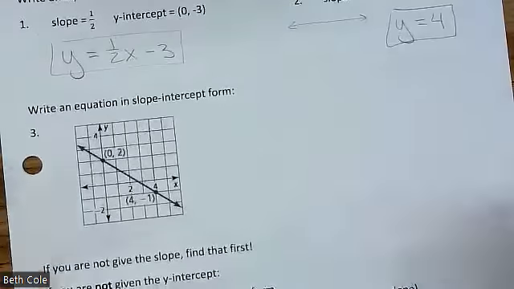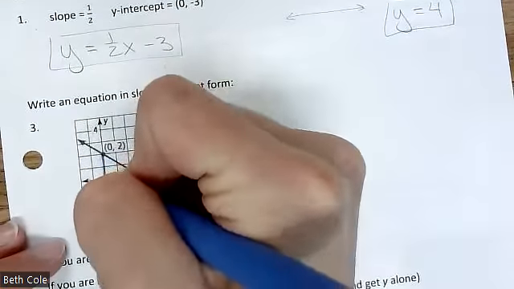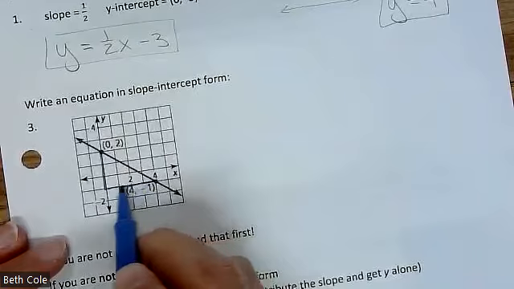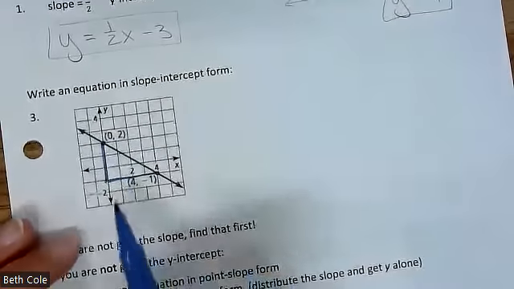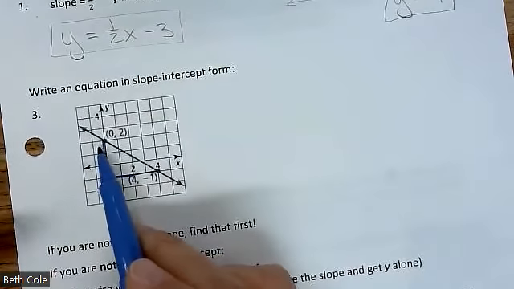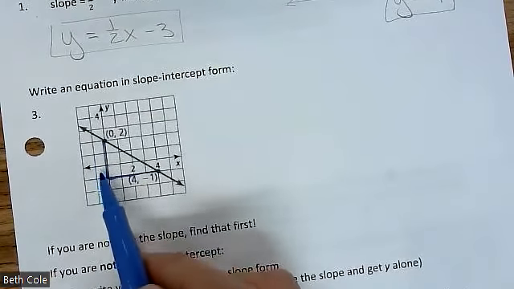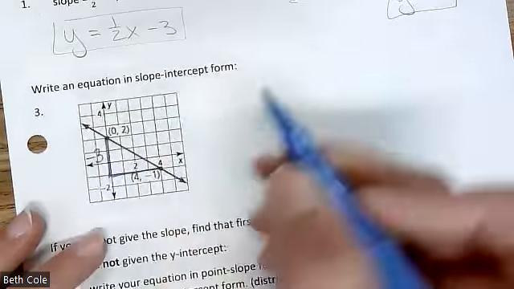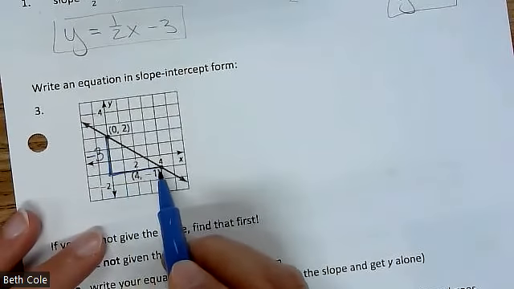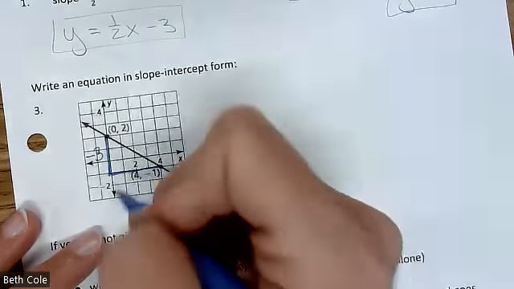All right, in this one, it's the same question. We just are using a graph. So you have to count the little boxes to get the slope. So how much down and then how much to the right are we going? Down 3, so minus 3, and then how much for the horizontal distance? 4.